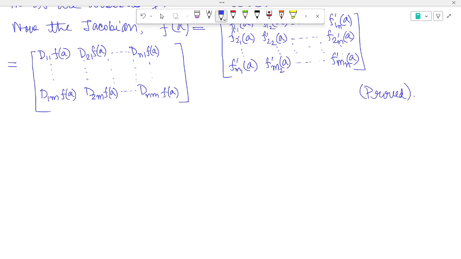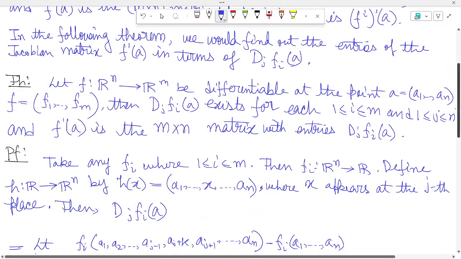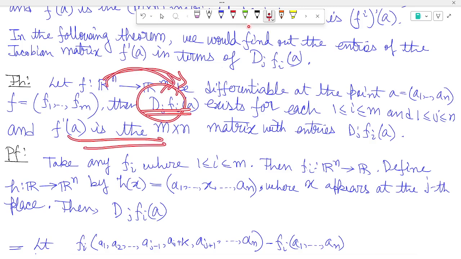However, if we add one condition, when, what was the theorem? Yeah, our theorem was this theorem. Okay, if f is differentiable, then this exists. That was the main theorem. This is another thing.